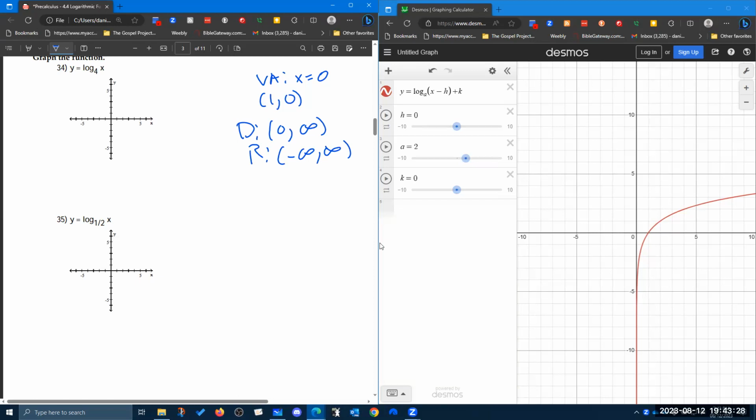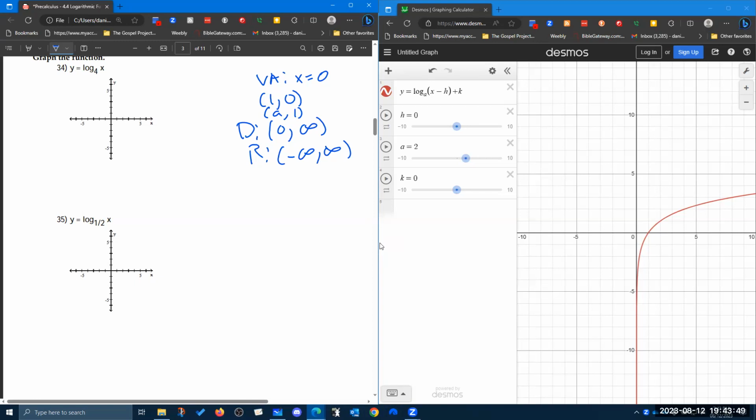Its characteristic point is going to be at (1, 0), and there's another characteristic point. Let's see here that this one has not been shifted up, down, left, right at all.